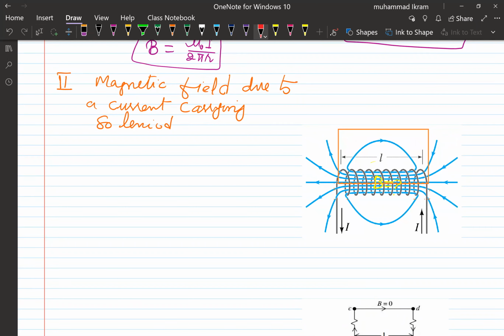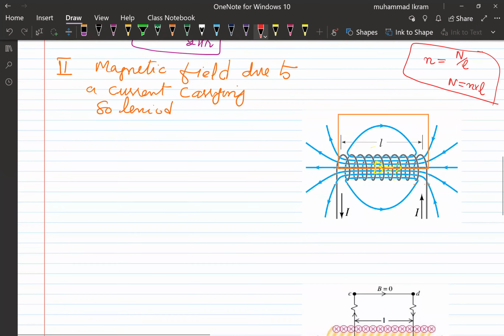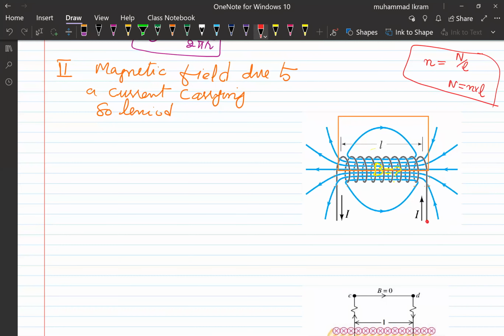We use a number called n, which will be the number of turns per unit length, or we can write N as n into L. So this small n is the number of turns per unit length in the solenoid.